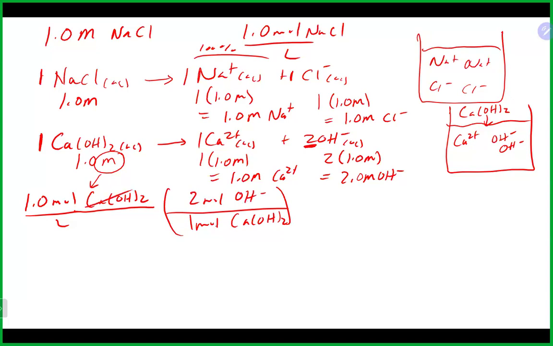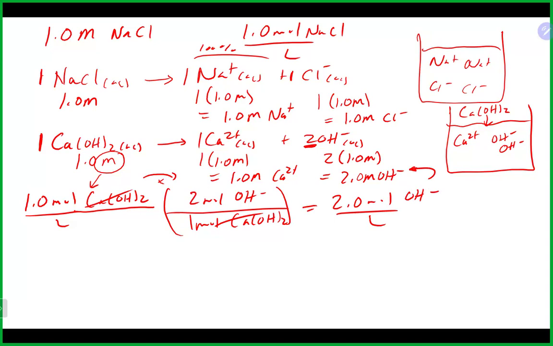The moles of calcium hydroxide cancel. We're going to multiply by 2, and that's going to give us our 2 moles per liter of hydroxide, which is what this concentration is. So it really is just multiplying by the mole to mole relationship, but the quick way, again, is just to multiply it by the coefficient.